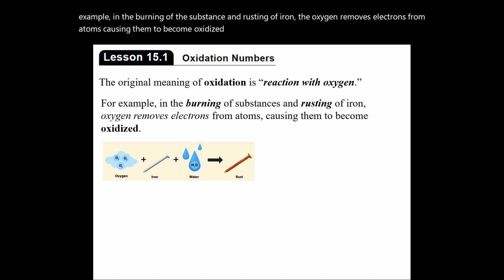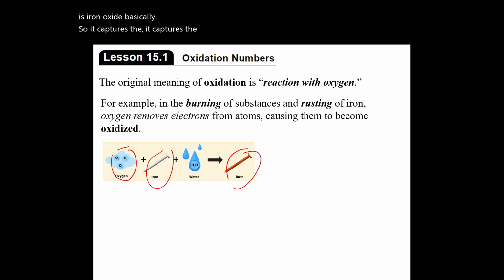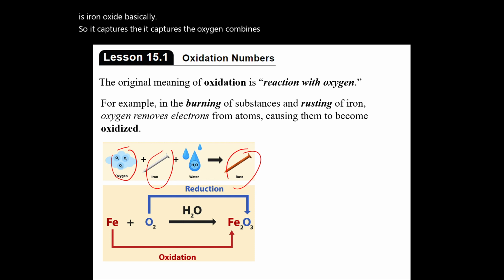So here we have oxygen and iron. Under water, under rain and so on, it becomes rust, that is iron oxide basically. It combines with the oxygen, and this is the reaction here.